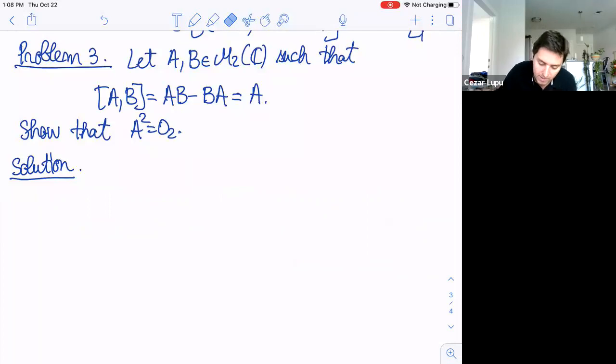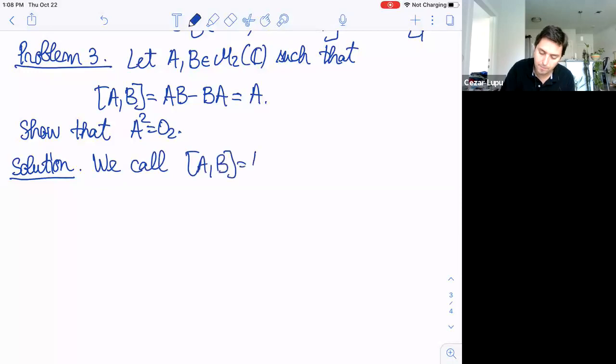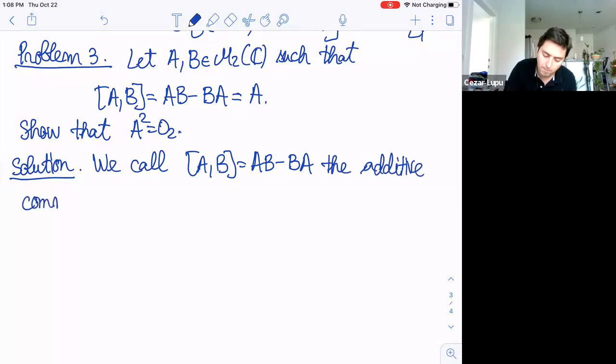Let me say we call this guy AB minus BA the additive commutator of A and B, right? Do you see any immediate property of the commutator?